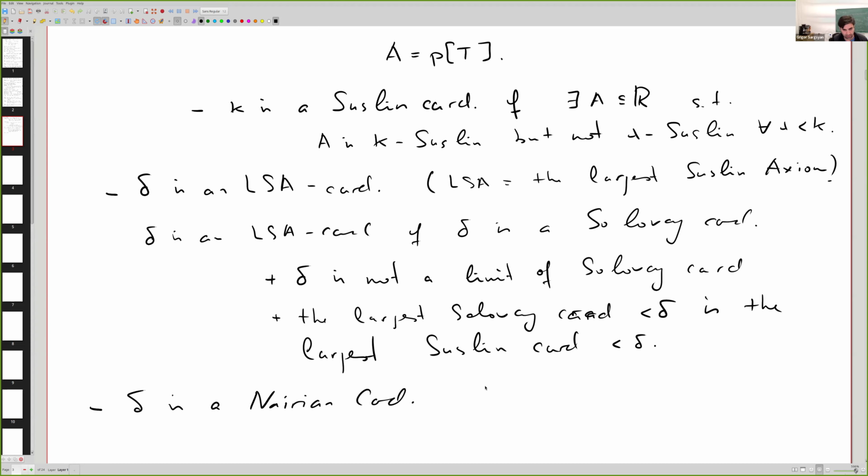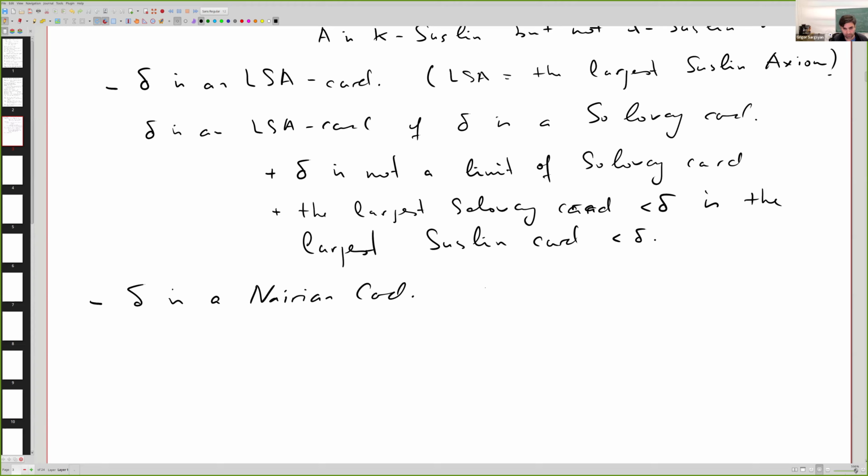Okay, so if delta is an LSA cardinal, and delta is a full Nairian cardinal, I should say.